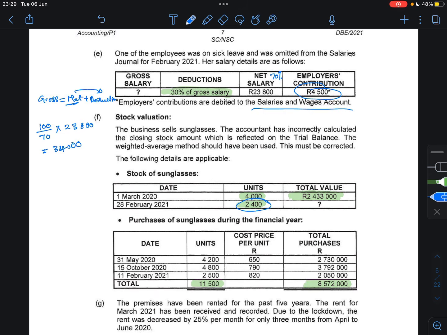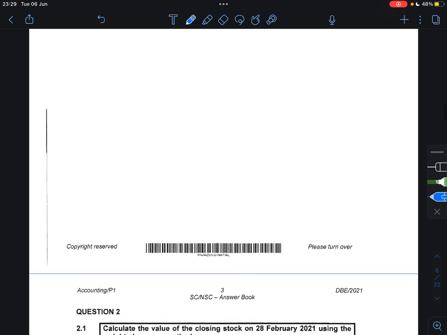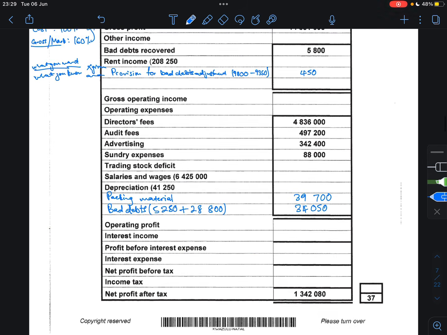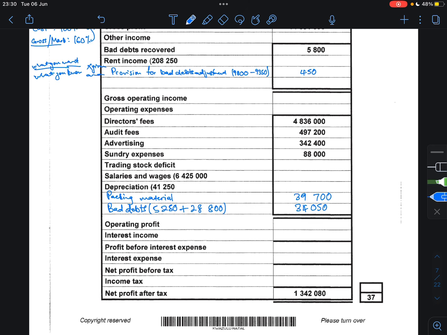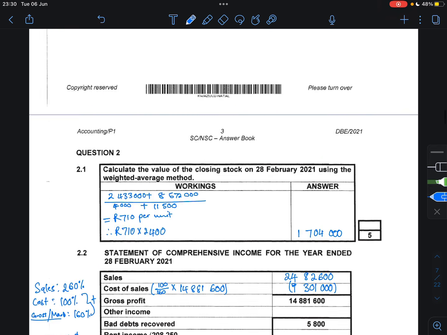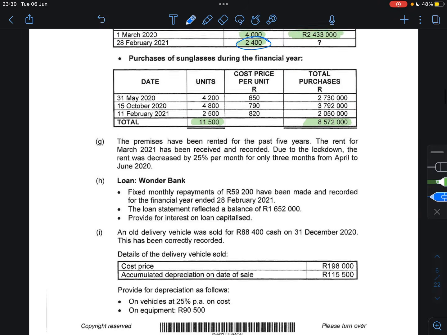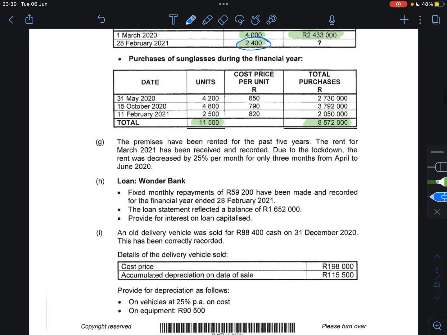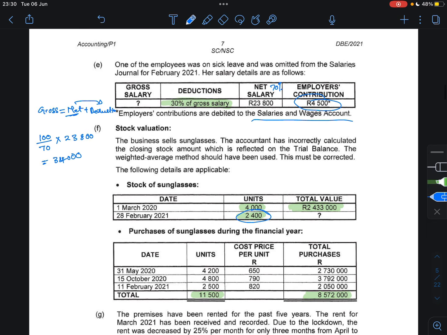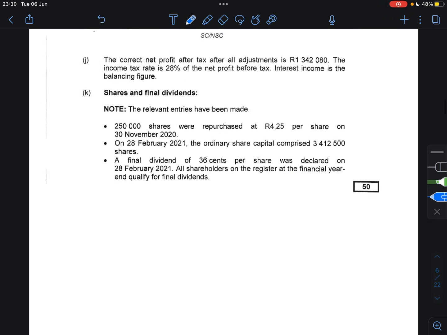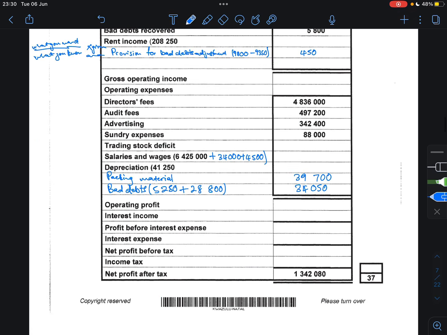Remember, plus 4,500. So we move to salaries and wages. It's 34,000 plus 4,500. We add those amounts. Let's make sure we got the correct amount. Yes. All right, so we add those.